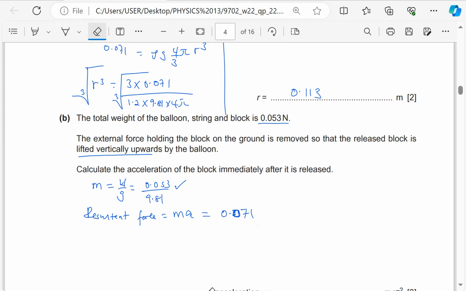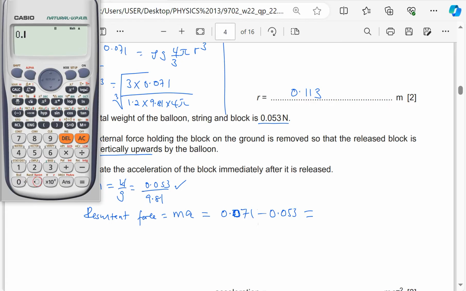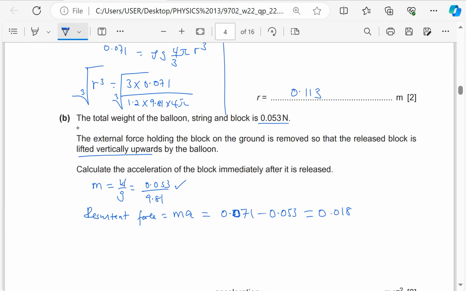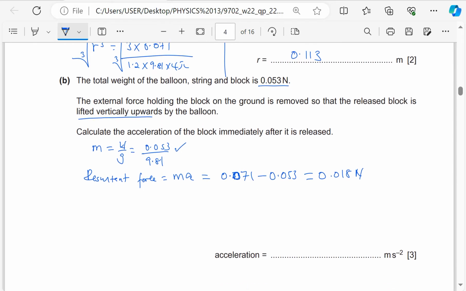So it is 0.071 upwards minus the weight, which is 0.053, which is downwards. So the resultant is 0.071 minus 0.053, 0.018 newtons. So ma is equal to 0.018 newtons.